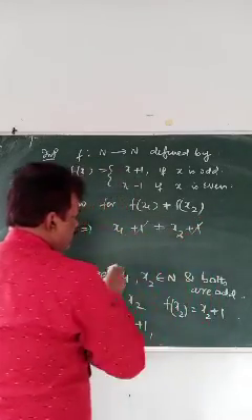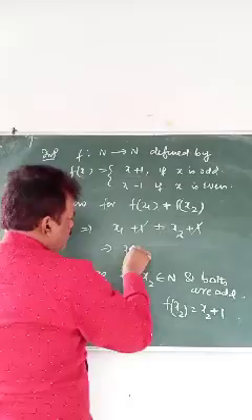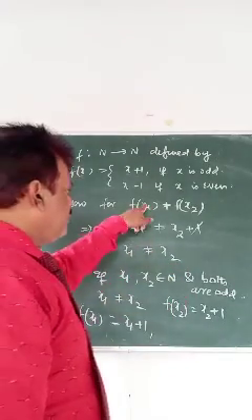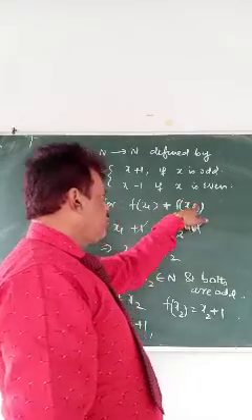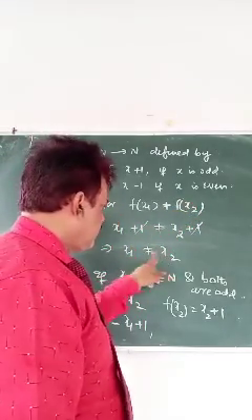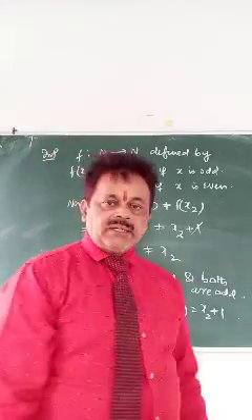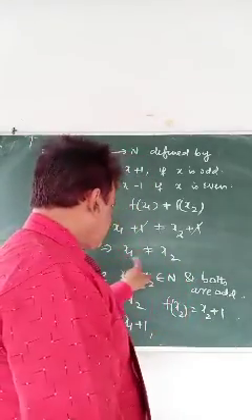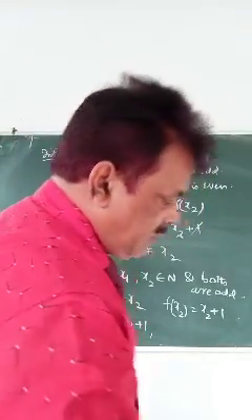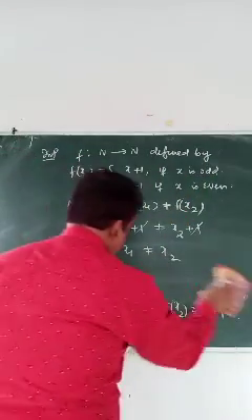So this gets cancelled, which implies x1 is not equal to x2. Means if f(x1) is not equal to f(x2), you got x1 is not equal to x2. Why are these two different? Because both are odd, two different numbers you have taken here. Okay, second case done. Third case is if one is even, the other one is odd.